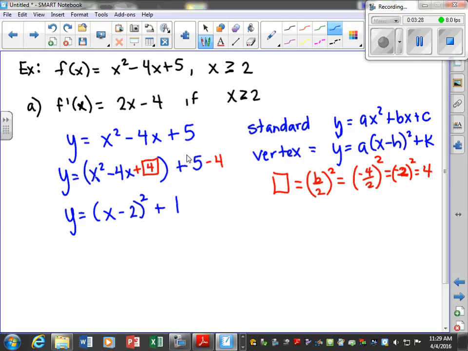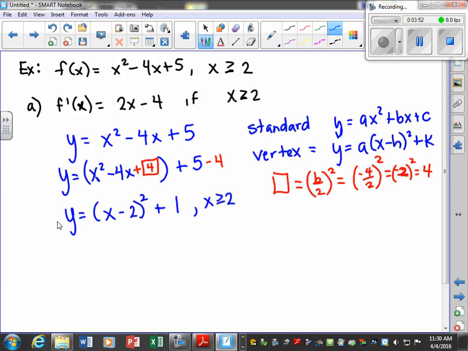Just 1. And this is for when x is greater than or equal to 2. We're going to remember our condition. Now, we can actually tell the vertex from this. The vertex is going to be just the opposite of the 2, and 1. So the vertex would be (2, 1).